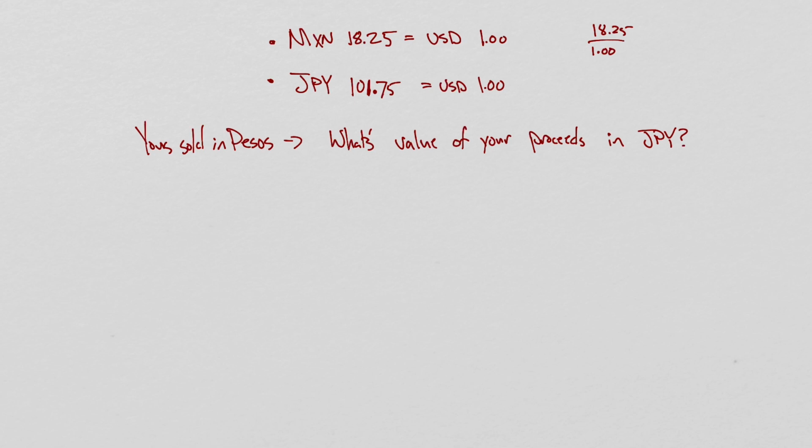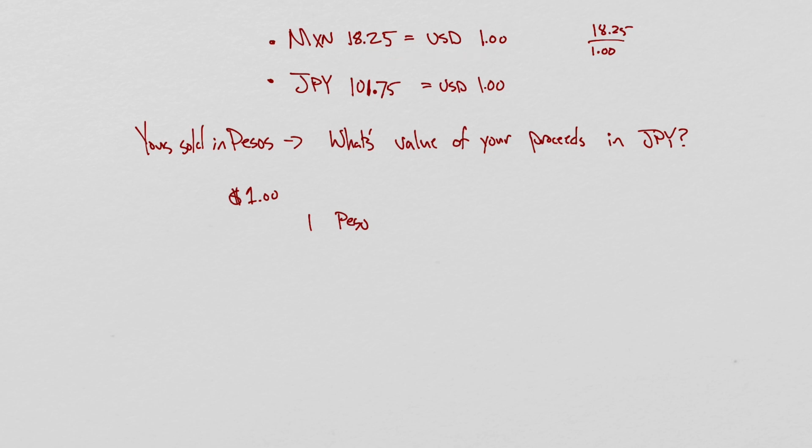So I would probably think of this as a two-step process. Let's just say you sold something for $1 to kind of keep the math a little bit easier. So $1 is worth 18.25 pesos.